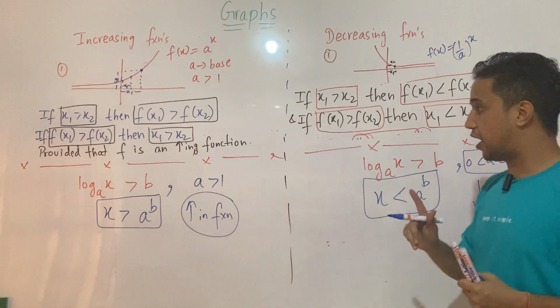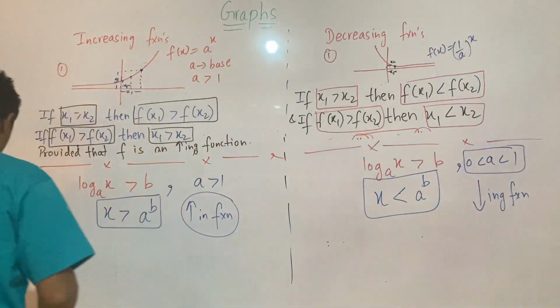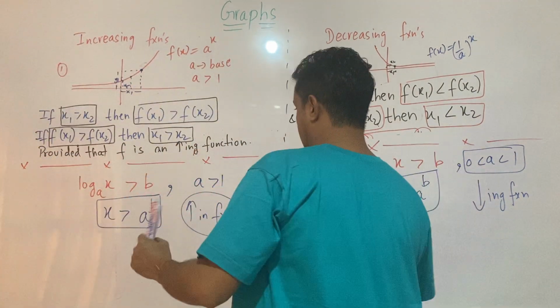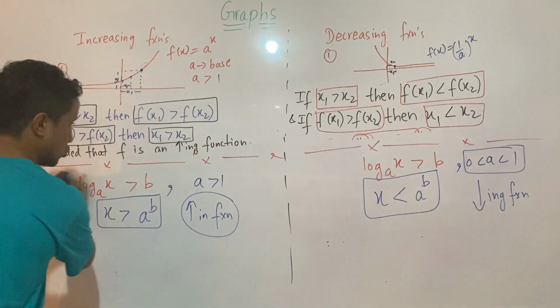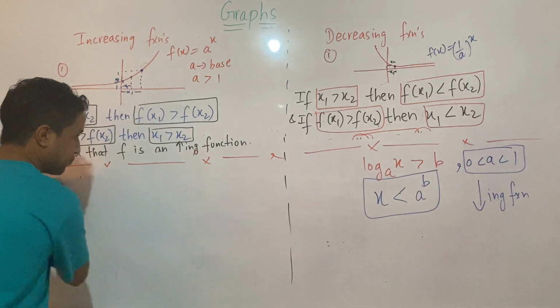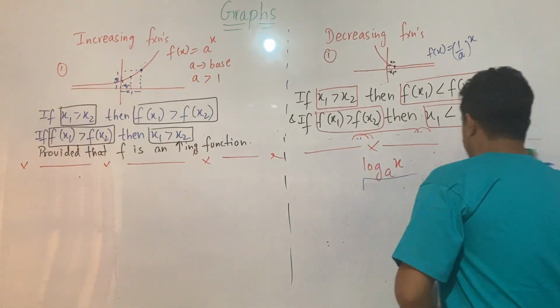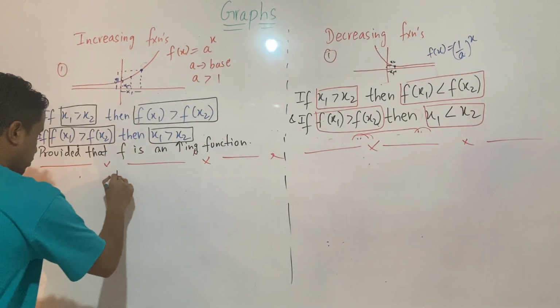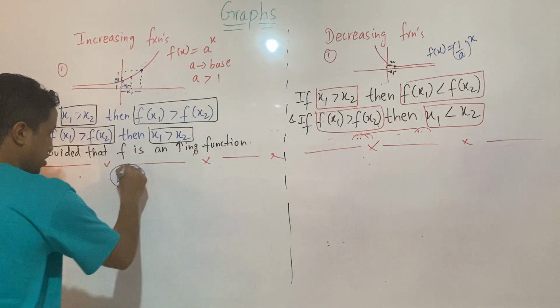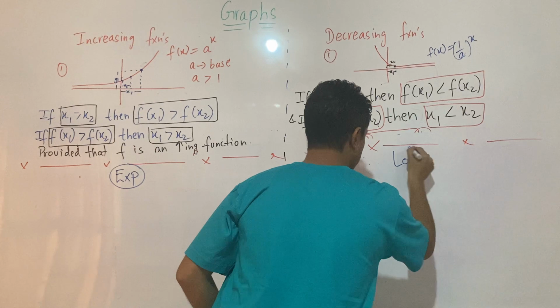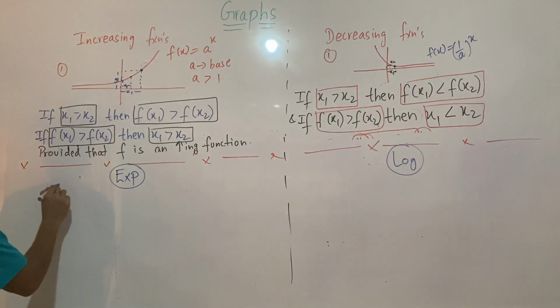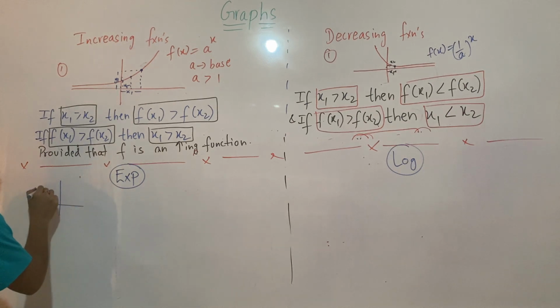I forgot one thing that we didn't do, but I will just take a few minutes to discuss that. Here I can write exponential functions, and here logarithmic functions. The graph of your exponential functions is like this.